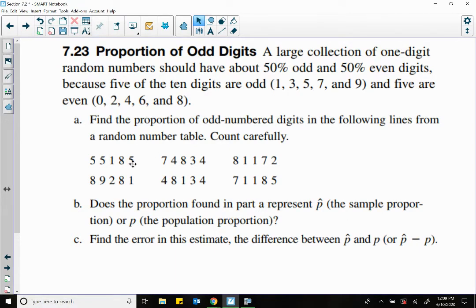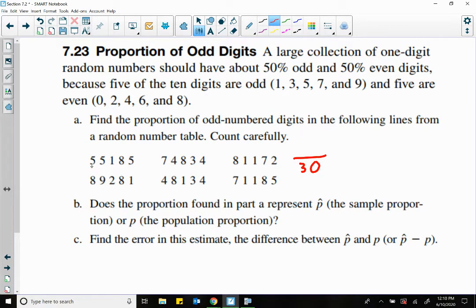So right down below here, I want you to find the proportion of odd number digits in the following lines from a random number table. Count carefully. All right, proportion. Again, remember I talked about this in 7-1. It's like a fraction. Okay? I have a total of 1, 2, 3, 4, 5. Each group is 5. There are 6 of these, so there are 30 numbers total. I want to know how many of them are odd.